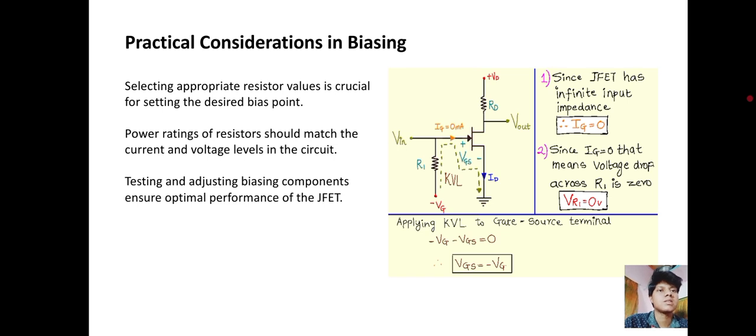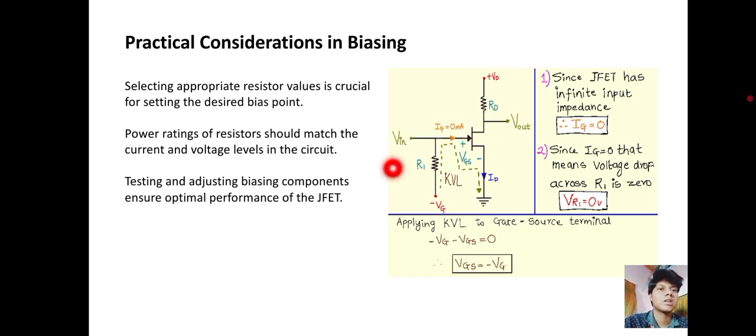Next, practical considerations in biasing. Selecting appropriate resistor values is crucial for setting the desired bias point. The ratings of resistors should match the current and voltage levels in the circuit. Testing and adjusting biasing components ensures optimal performance of the JFET.